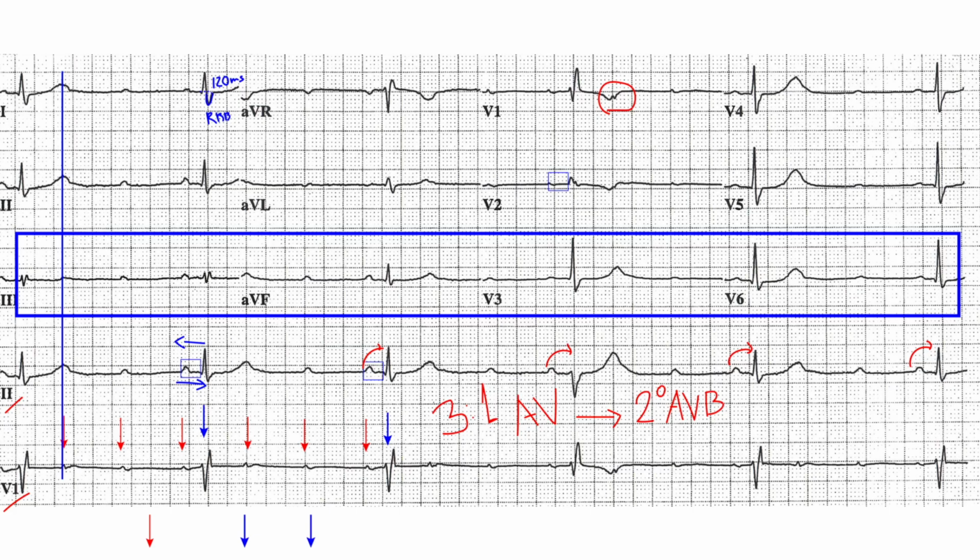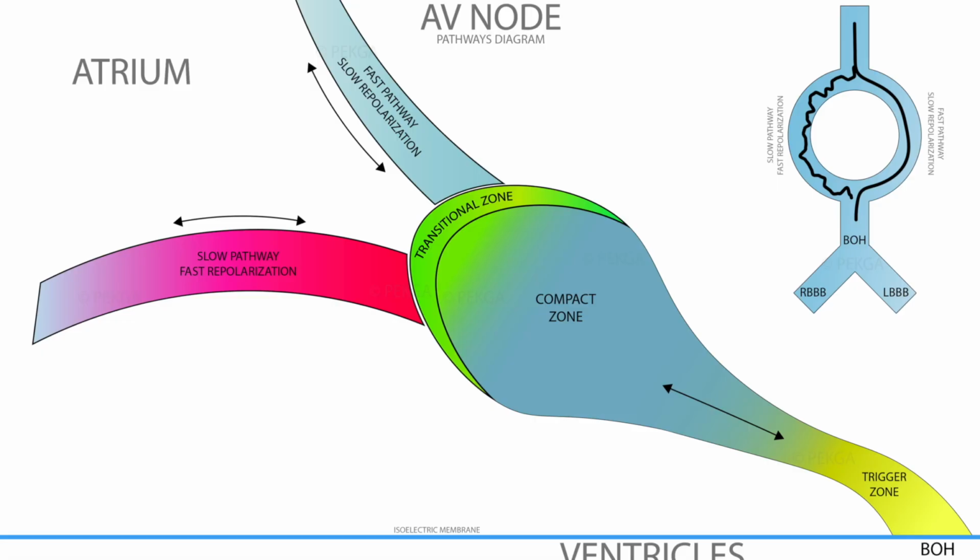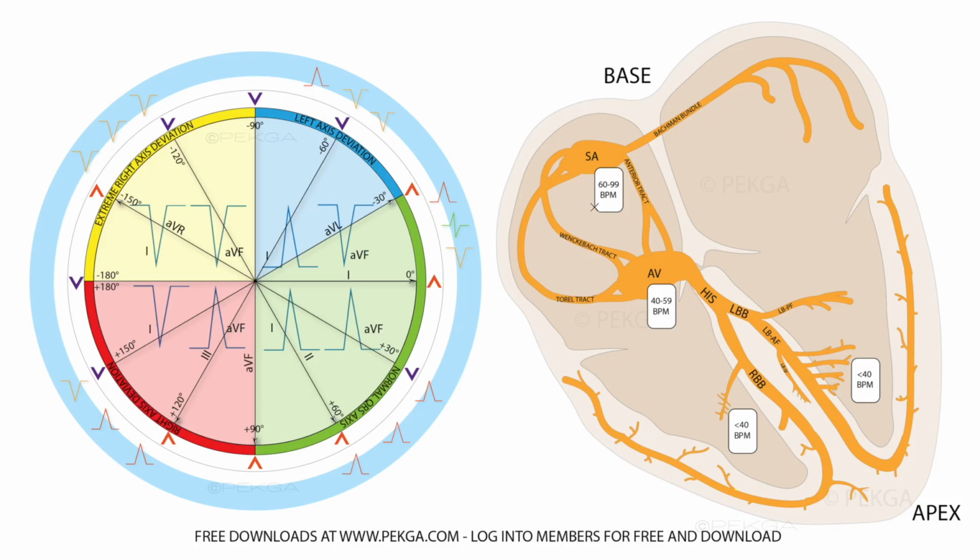Okay, so I wanna talk about this block. So during blocks, right? We have several different blocks. You have first degree, second degree, type 1, type 2. We have third degree, and then you have gray areas of all of that.